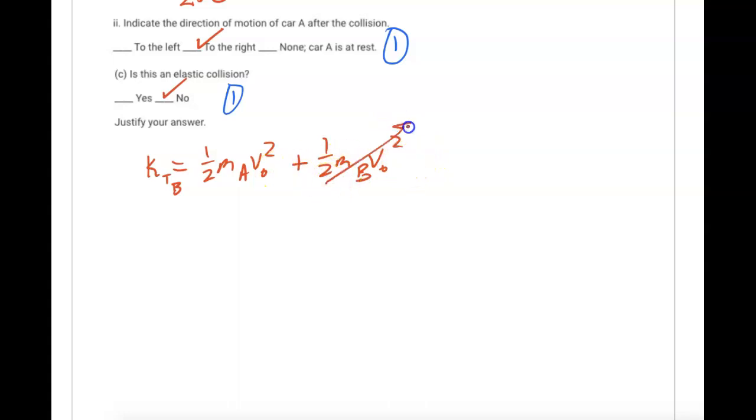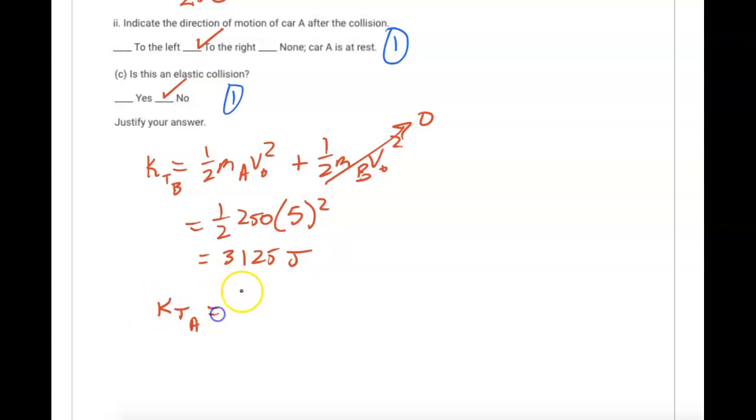But we know that this is 0 because its original velocity is 0. So we just have to do 1/2 of 250, and then remember that this was 5 meters per second, and we're going to square that. And so here we get 3,125 joules.